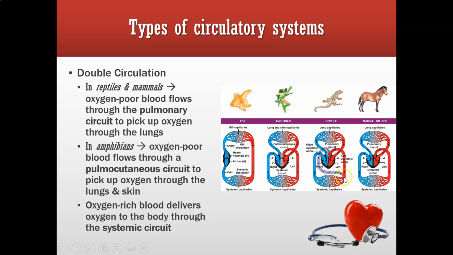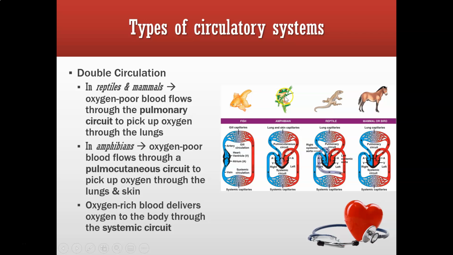We're going to look at these guys over here that have a double circulation system. So when I look at something like amphibians, reptiles, right? Those guys, or excuse me, the amphibians, I should say, they have not only their lungs to send that blood to, but they also have a cutaneous circuit.